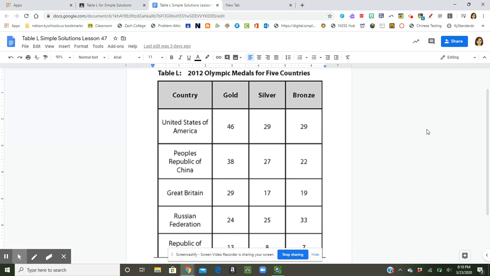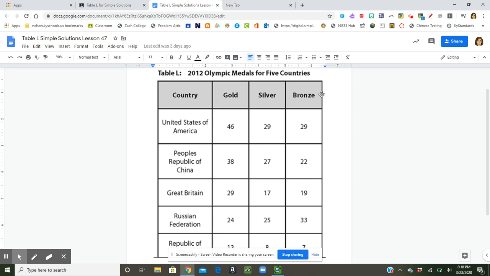You only need the bronze medals, and it says to give the mean, median, mode, and range of the bronze medal data. So we're going to look at this data right here, the bronze medal. When I write those down, I'm going to write them down in order from least to greatest because that makes it easier to find the median and also the mode.